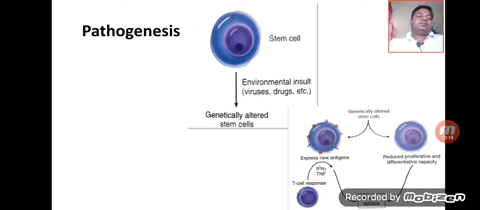That alteration results in two ways: they can express new antigens, and or they will have reduced proliferative as well as differentiating capacity. These new antigens they acquire are exposed to the self-reactive T cells that are generated, and they will try to destroy these hemopoietic cells, and that results in marrow aplasia.